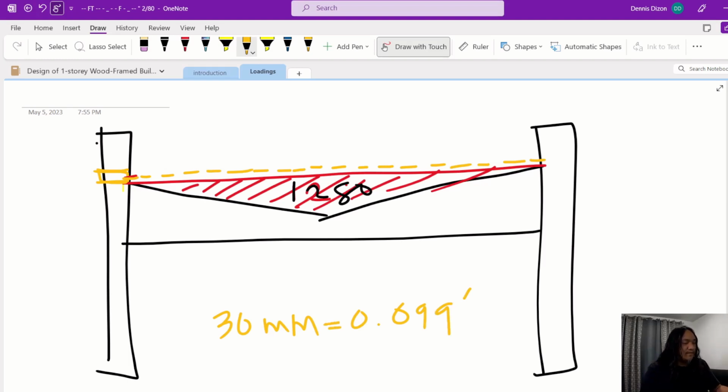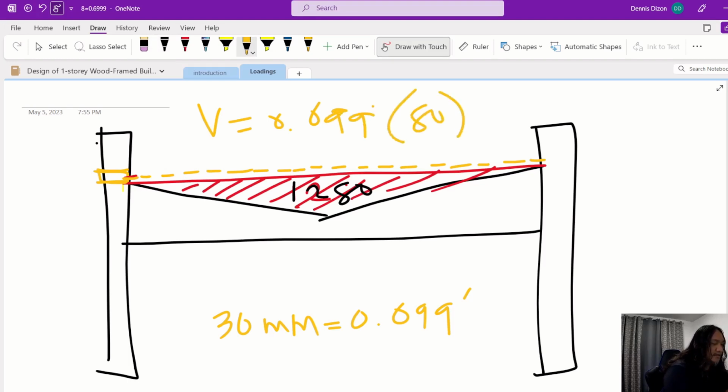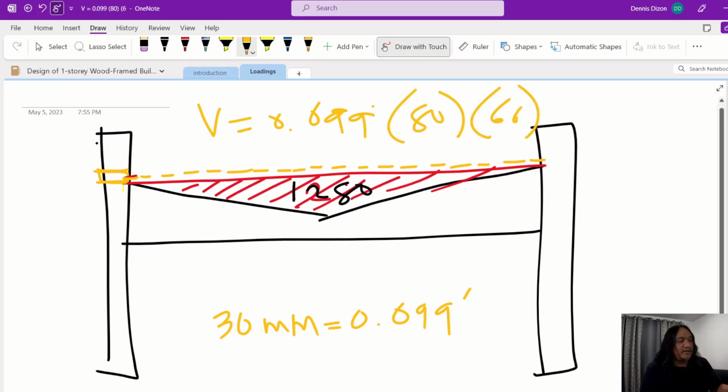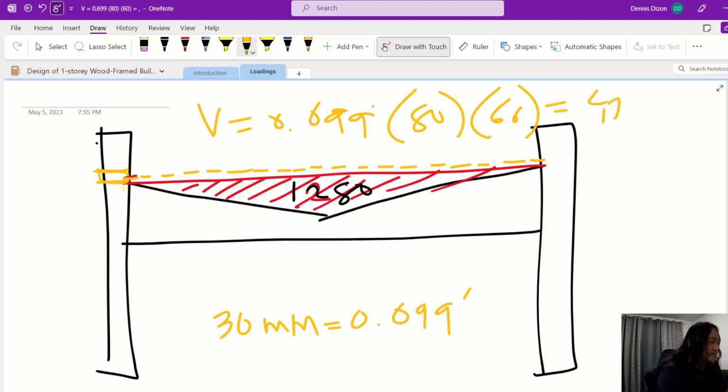So the volume of the 30 millimeter portion is 0.099 times 80 times 60. That's the area of your roof. So 0.099 times 80 times 60 is 472.44.